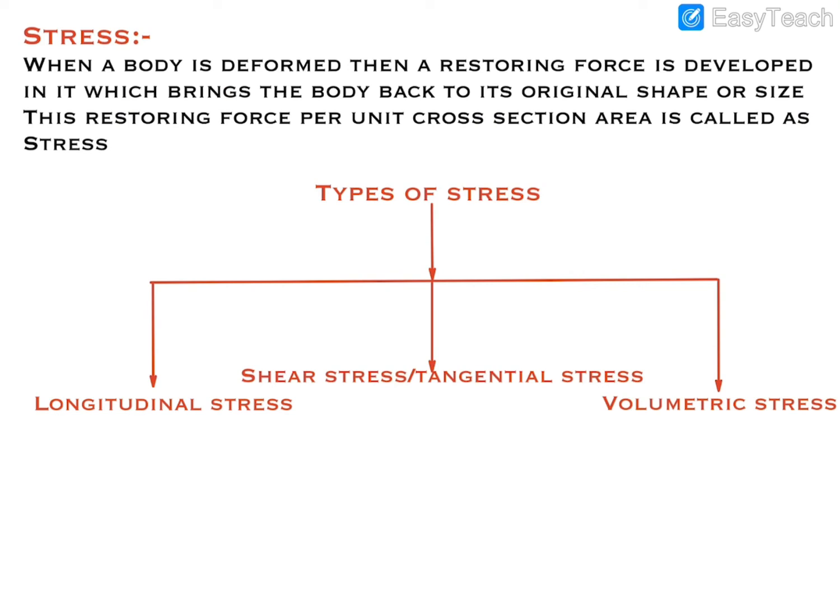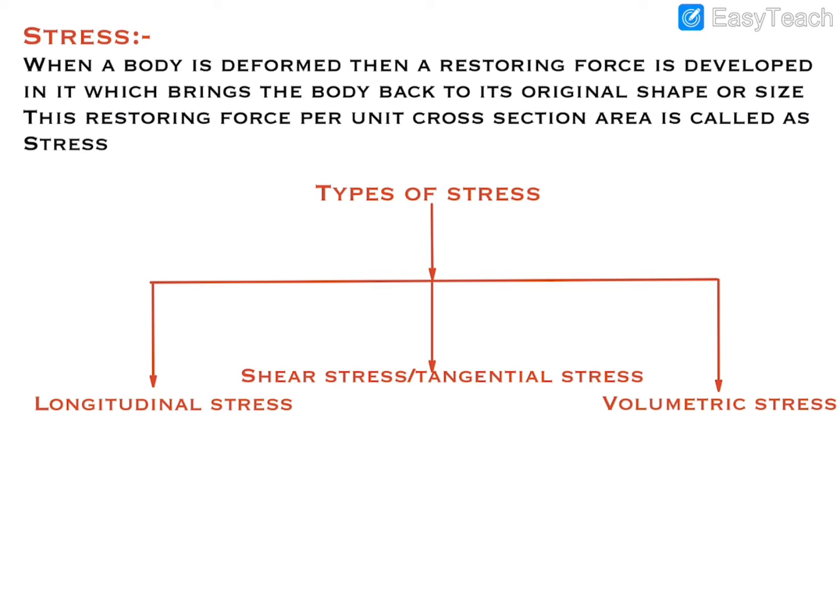Now we will study elasticity more with the help of some physical quantities like stress and strain. First of all, we define stress. When a body is deformed, some restoring force is developed in it, which brings that body back to its original shape and size.